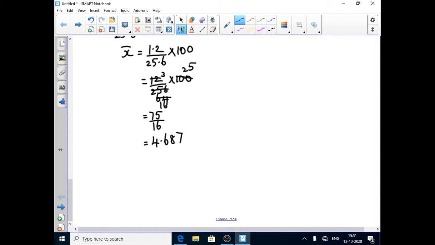This is ordinary division only. Approximately you can write it as 4.69. So the answer: mean, x bar is equal to 4.69.